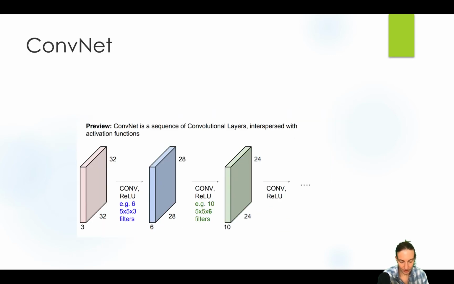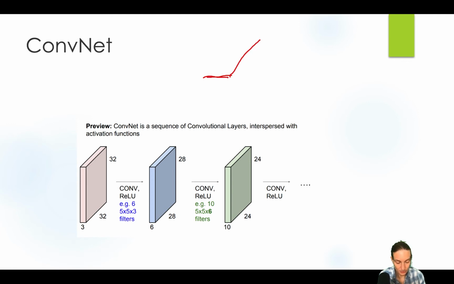A convnet, a convolutional net, is a sequence of convolutional layers, usually interspersed with activation functions. So very much like neural networks, we have layers and activations. A popular activation is the ReLU activation. If you remember, it looks like this.